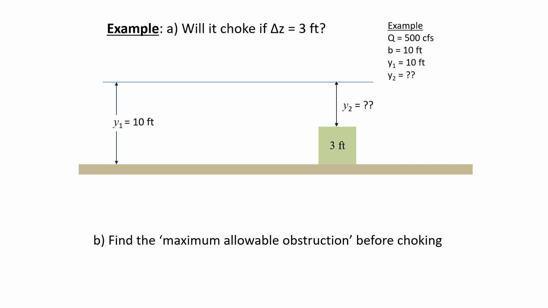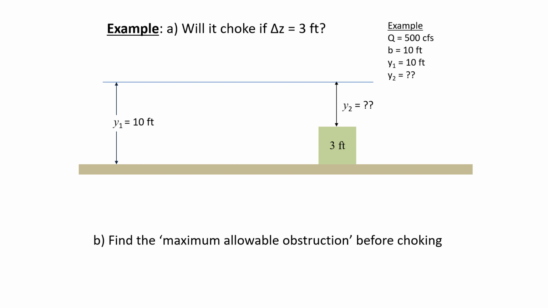Because we have a 10-foot wide channel, B is 10 feet, and we've got this Q of 500 CFS. So the flow per unit width is 500 divided by 10, which is 50 feet squared per second. We put that into the formula for Y sub C, and we got 4.265 feet.